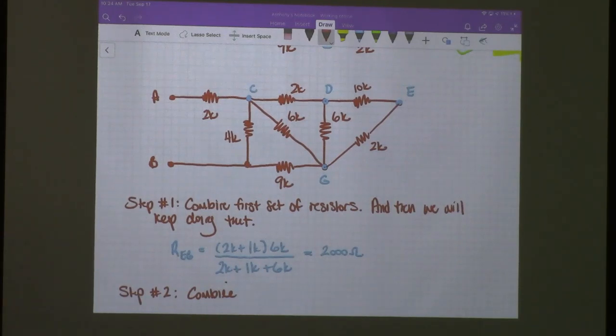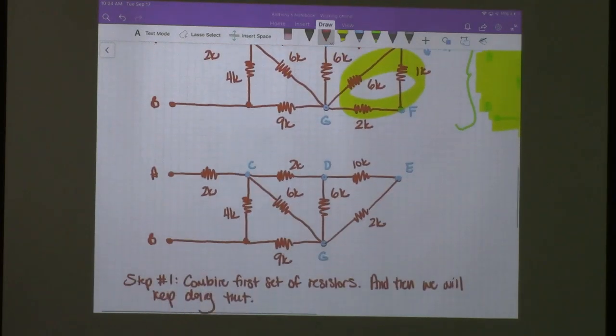What's the next set we can do? Yep, the same thing, I guess, on the other side? The 4, the 6, and the 9?